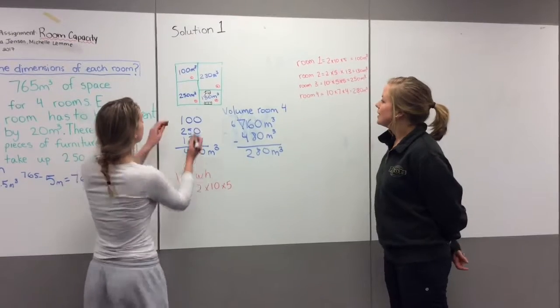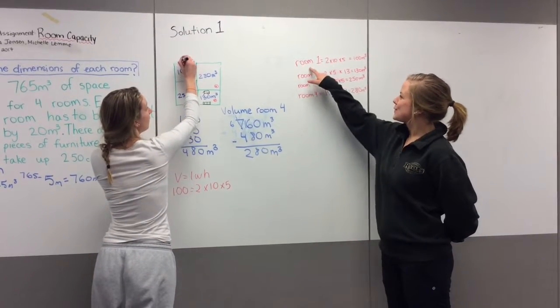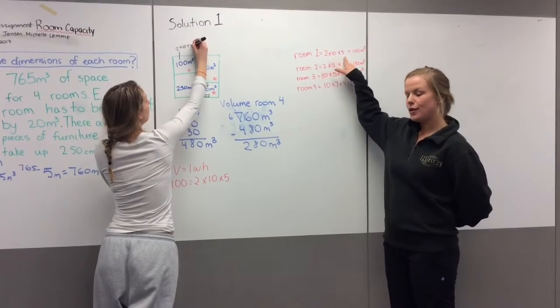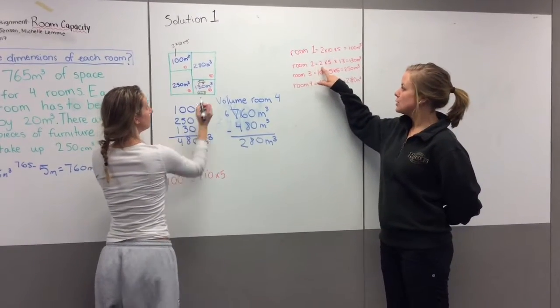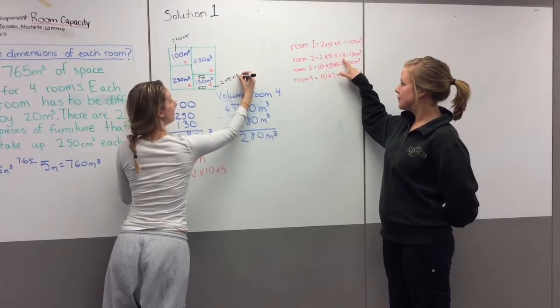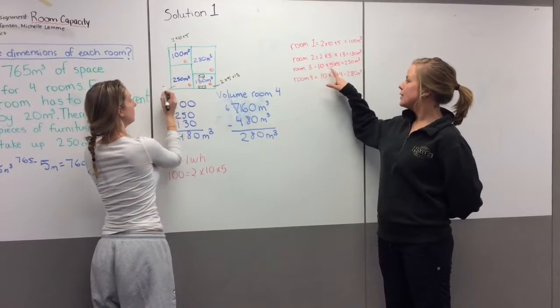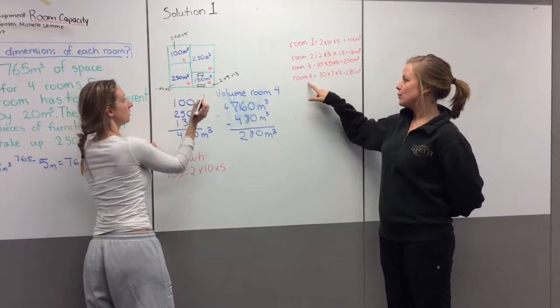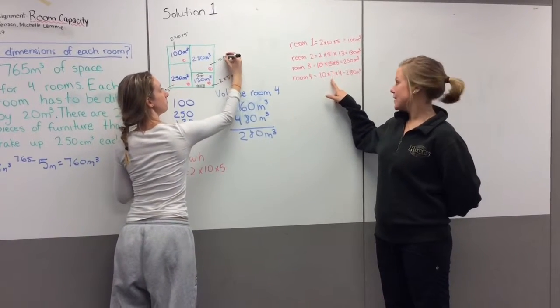Therefore, the dimensions for each room are as follows. Room 1 is 2 by 10 by 5. Room 2 is 2 by 5 by 13. Room 3 is 10 by 5 by 5. And room 4 is 10 by 7 by 4.